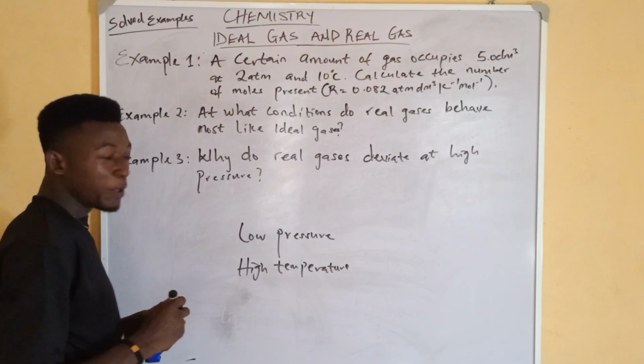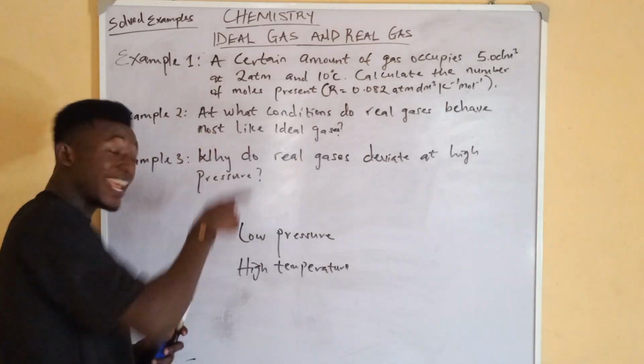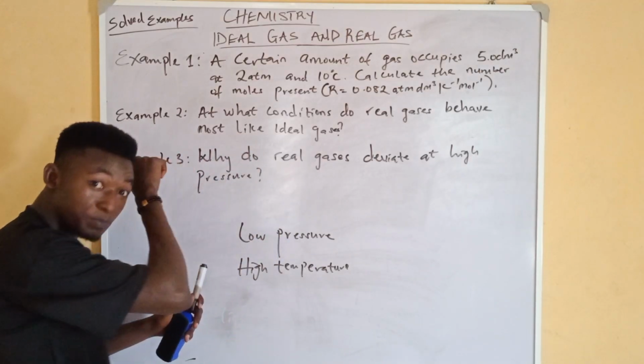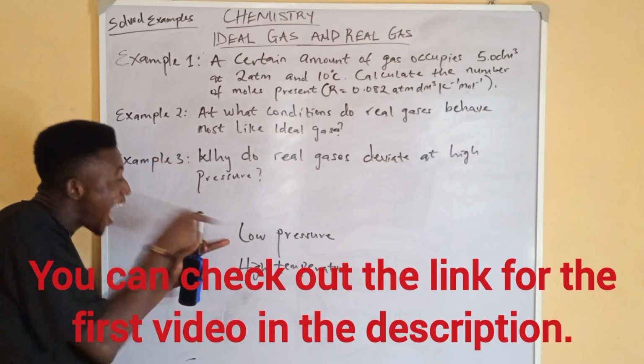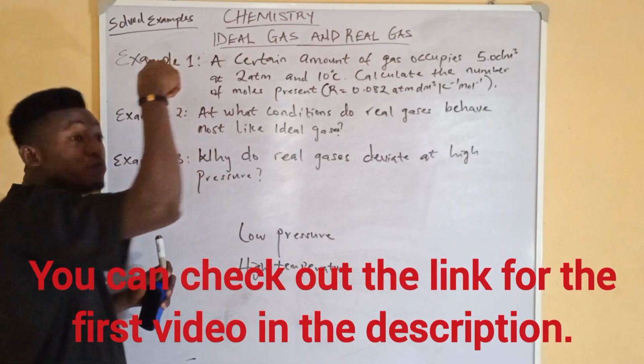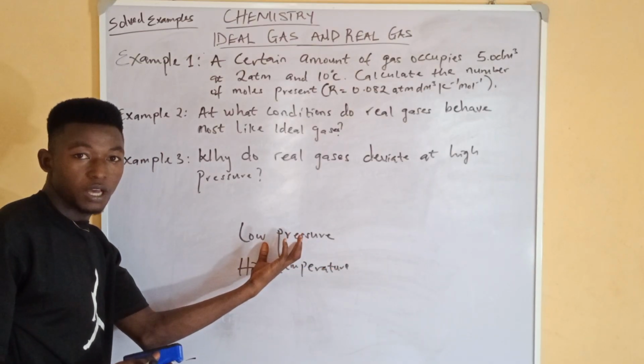But they deviate from ideal gas at high pressure, which is the one I wrote first previously. They deviate at high pressure, low temperature. But when they behave mostly like ideal gas, it is low pressure.